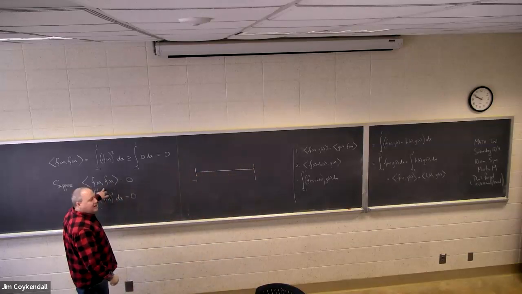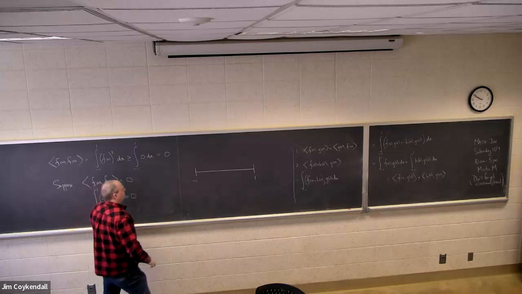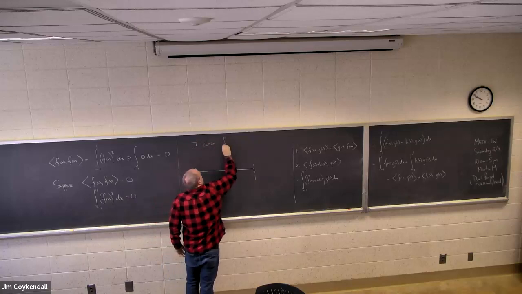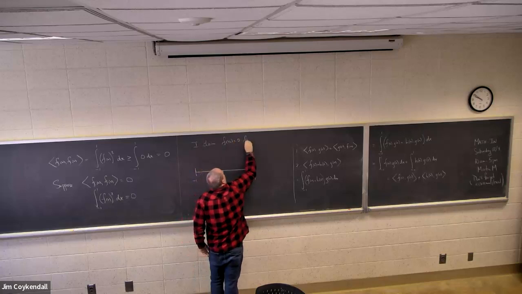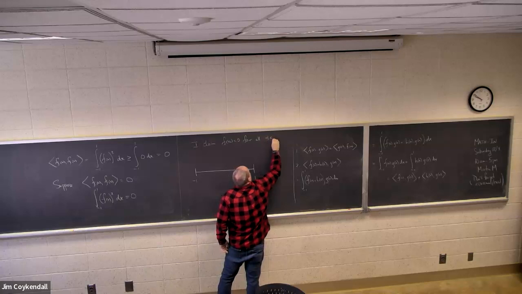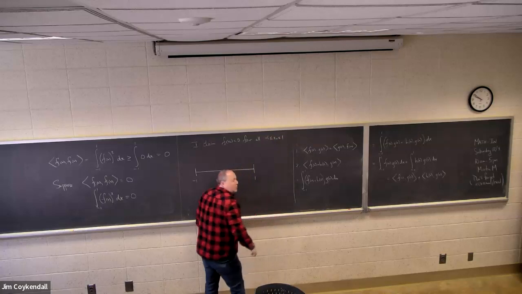So I know this integral is 0, correct? I claim f of x naught is 0 for all x naught between 0 and 1.